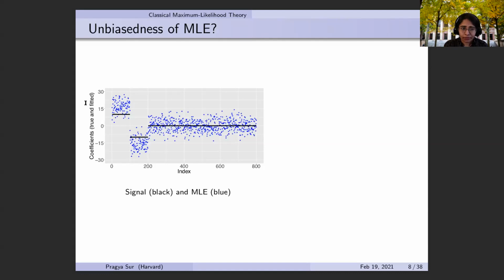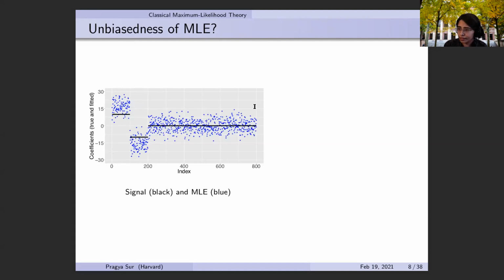The black line represents the signal, and the blue points are the corresponding maximum likelihood coefficients. What you see immediately is that for the positive coordinates, the blue points are primarily above this line. For the negative components, they are primarily below this line.